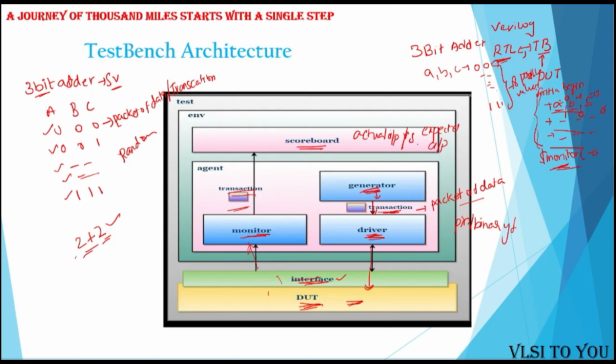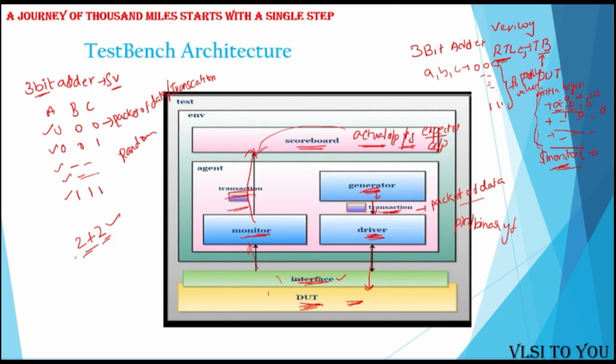So what is actual output versus expected output? Actual output means the transaction received from the monitor, what the DUT is sending. Expected output means what we are expecting from the DUT.